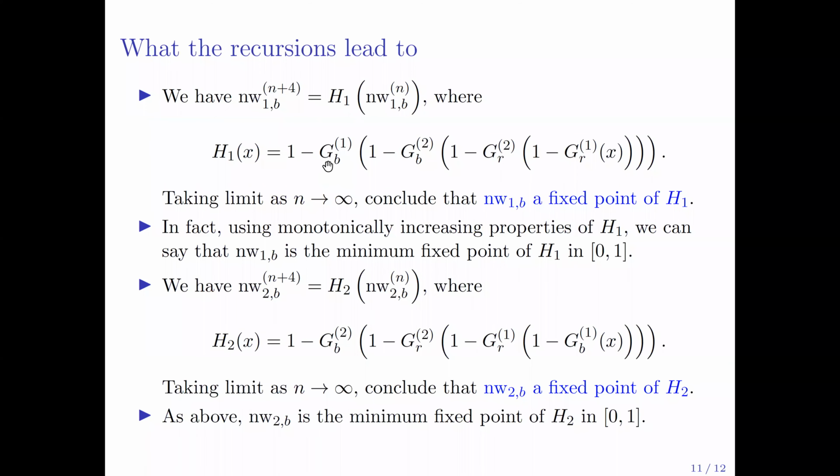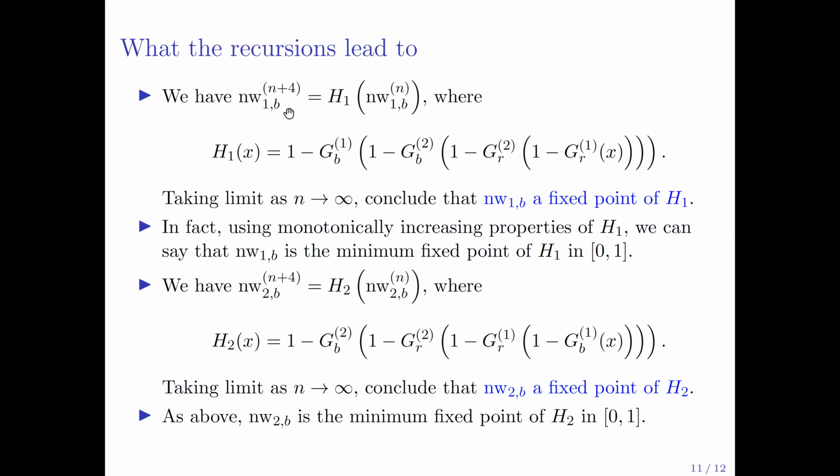So I just want to quickly show what these recursions lead to. Of course, it's a horrid looking expression, and the general expression is even more horrid. Here I'm just looking at a couple of colors. So you get a recursion of this form. As you can see, it's a 4-step recursion.